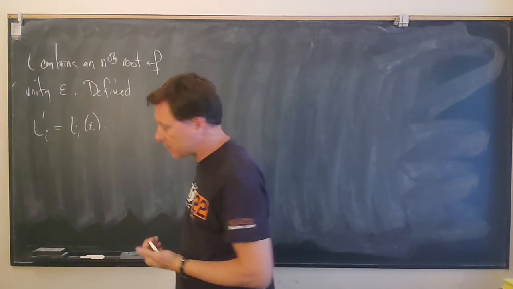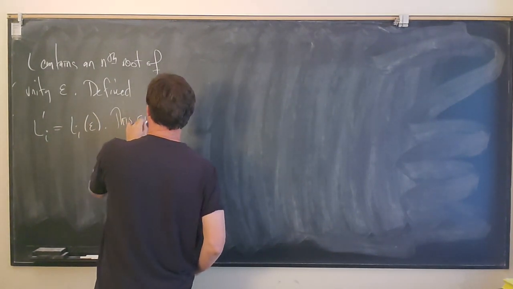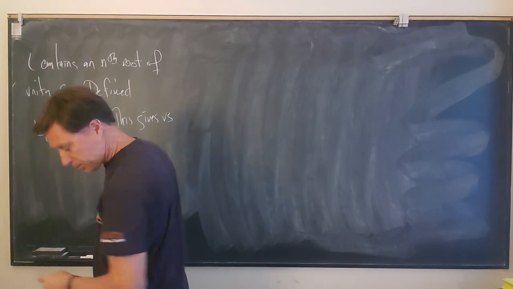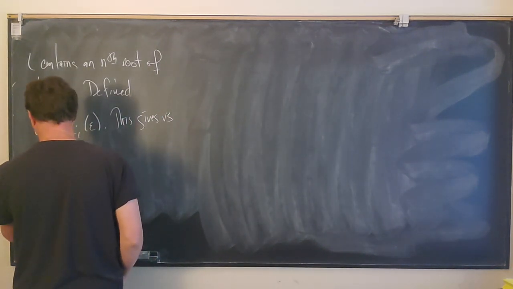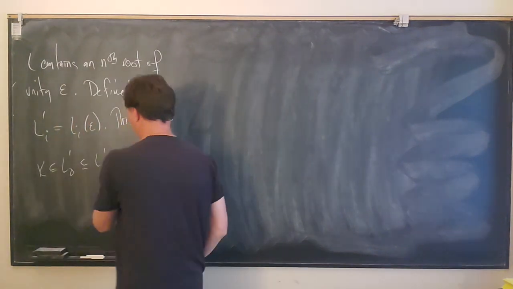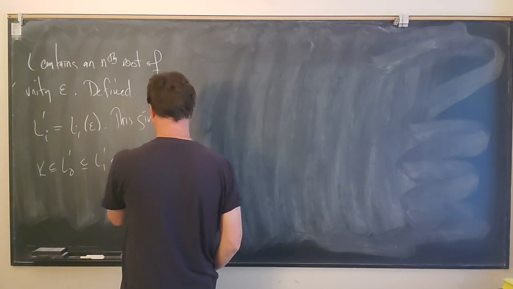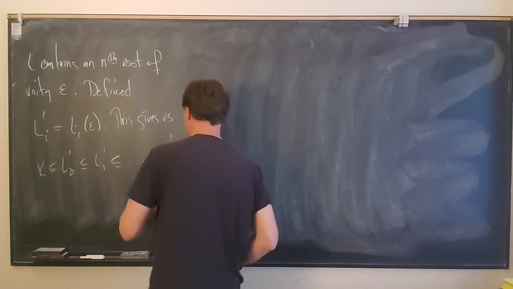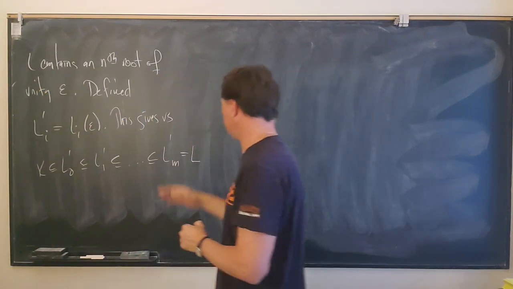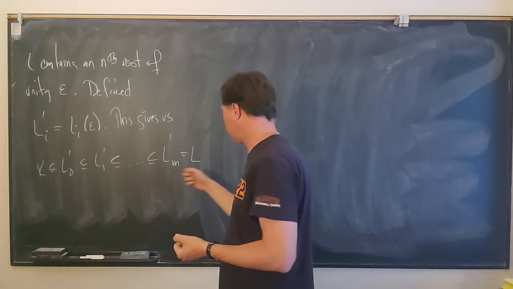And so that gave us this chain, this tower. So this gives us K contained in L0 prime, contained in L1 prime, dot, dot, dot, contained in L sub m prime, which was equal to L. Since epsilon is inside L, when you join it, you just get L, right? You don't get anything new.